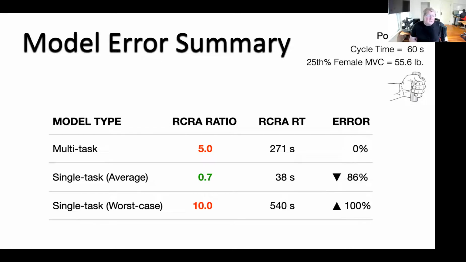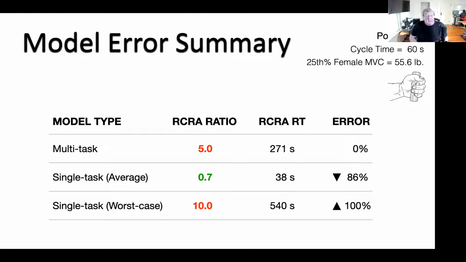But the problem is I was interested in figuring out the error due to using single task models, and you can't make a single task model naturally. But one thing you can do with a multitask model like the RCRA is run it as a single task model. Instead of looking at each force independently, you simply do an average and enter the average value.